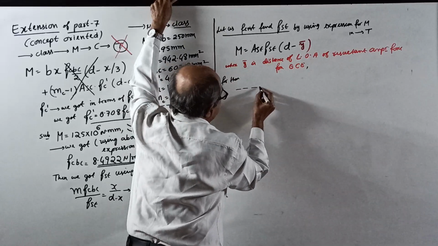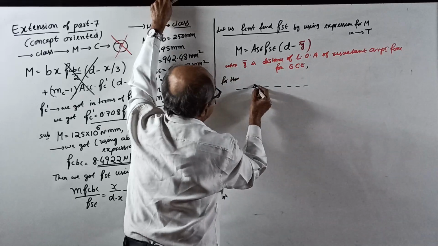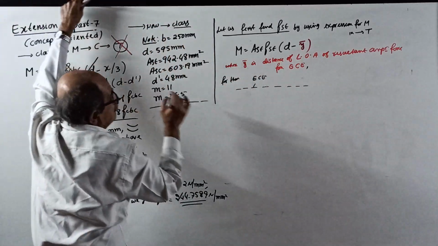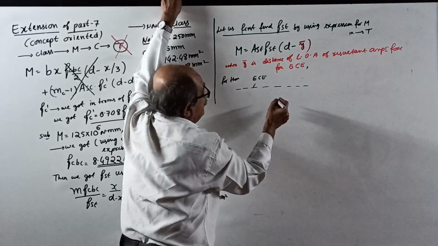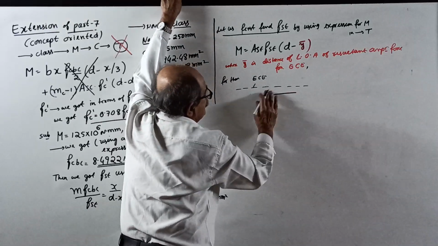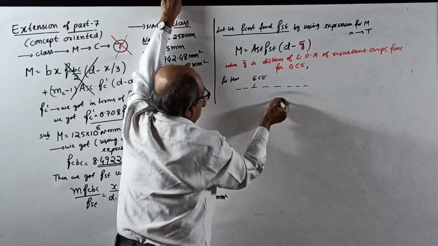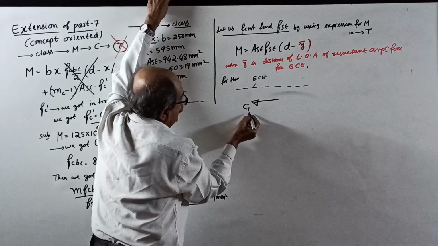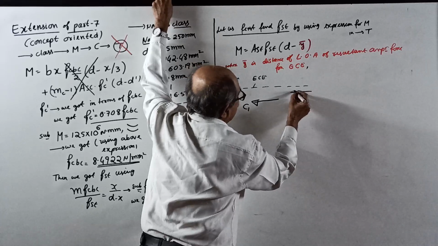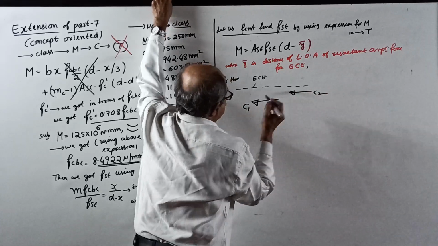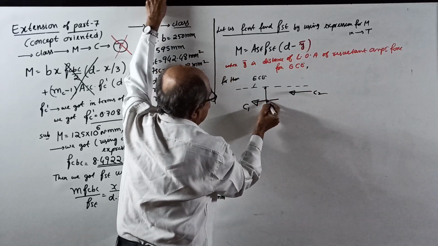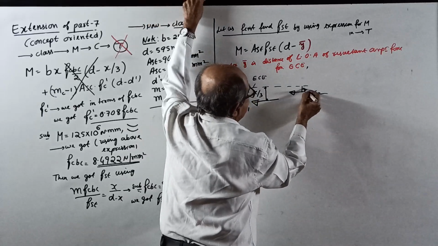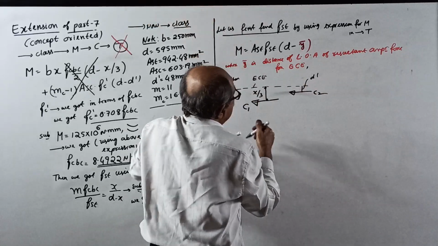For that, first consider the extreme compression edge. That is the top edge of the beam. Here, sagging beam. One force comes here, that is your C1, and another force comes here, C2. C1 is acting at x by 3 from there. C2 is acting at d dash.